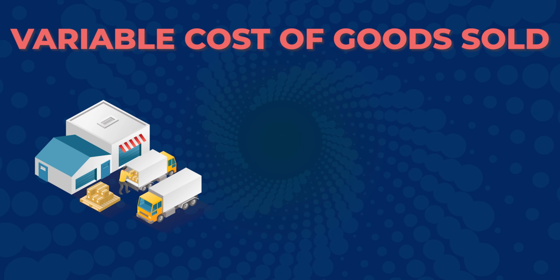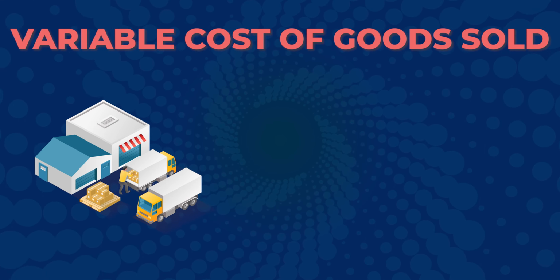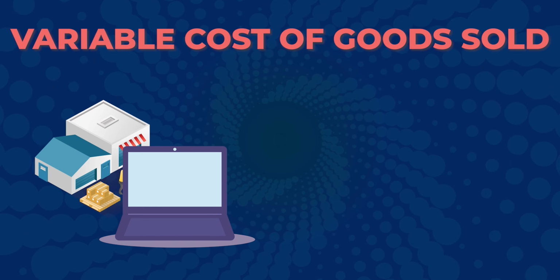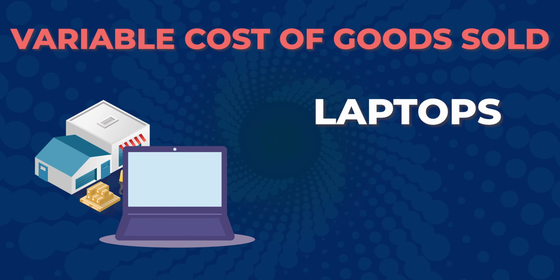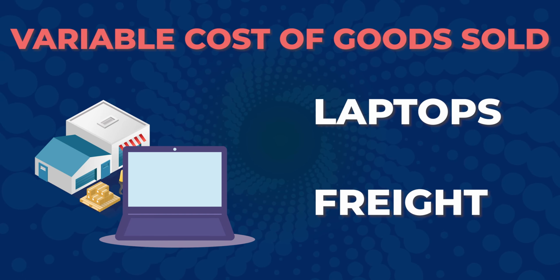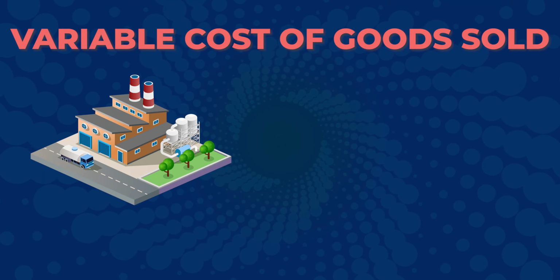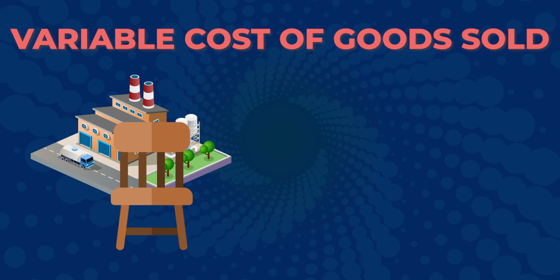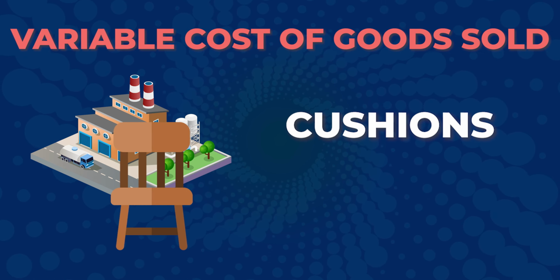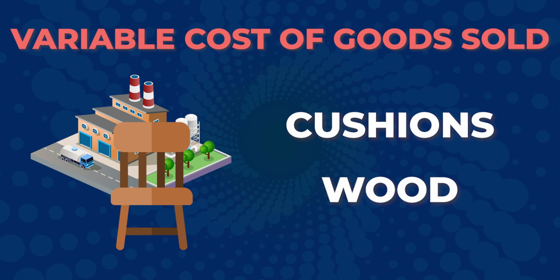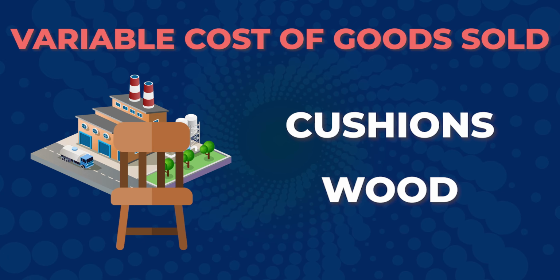If you're looking at a wholesale business, if I'm in a wholesale business selling laptop computers, my variable cost of goods sold will be the laptops themselves and also the freight to get them into our possession and into our stores or to our client. If we're a manufacturing business, let's say we manufacture wooden furniture, it would be the cushions, it would be the wood that goes into the furniture are our variable costs of goods sold as very simple examples.